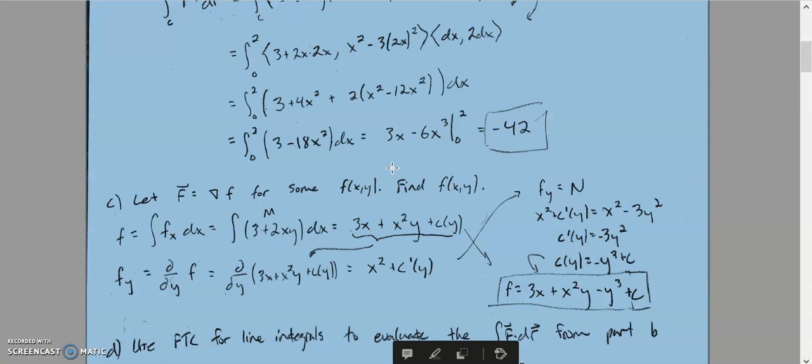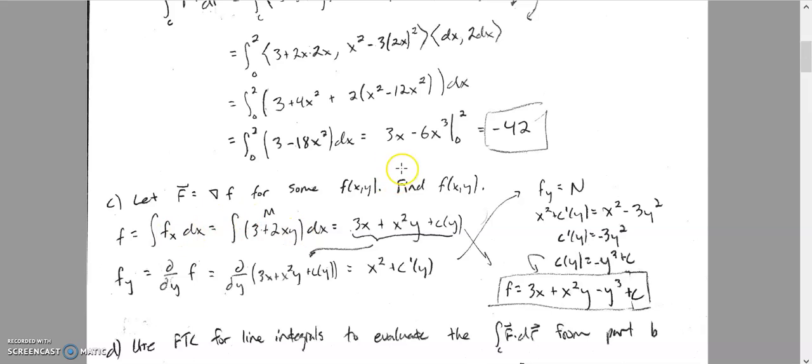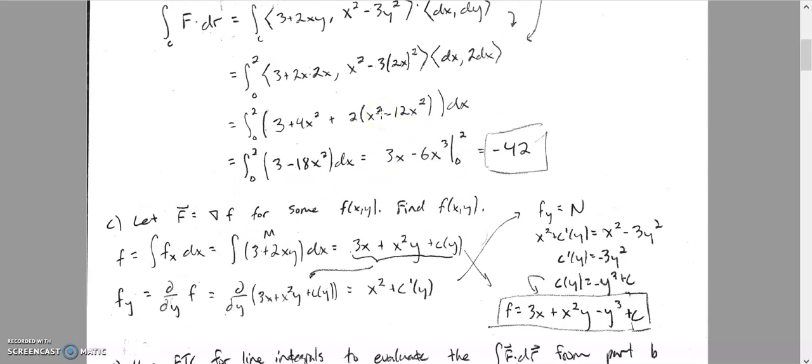I'm going to show the answer. All right, so you could do it either way. I'm going to integrate. All right, so here, there's f right there. This is my m. This is my n. I'm going to treat my m here as f sub x, the partial x of this thing, because that's what del f is. Del f is partial x comma partial y.